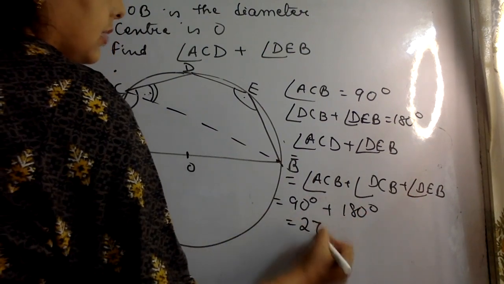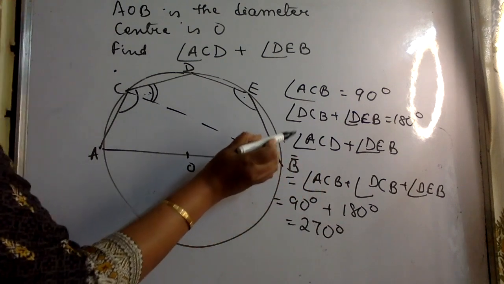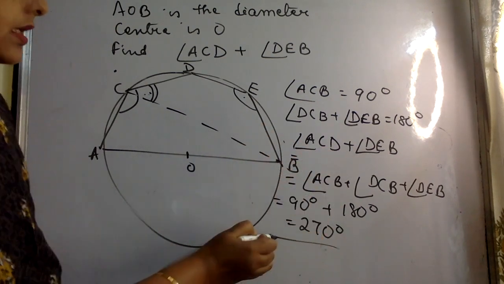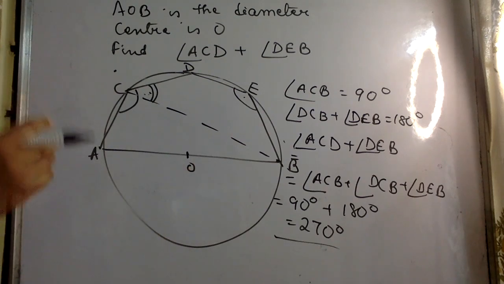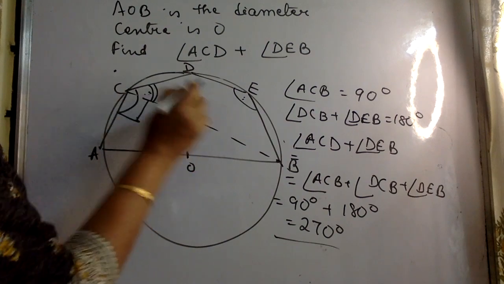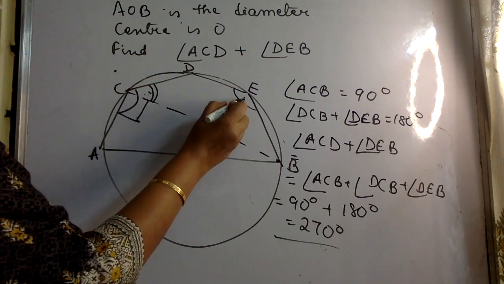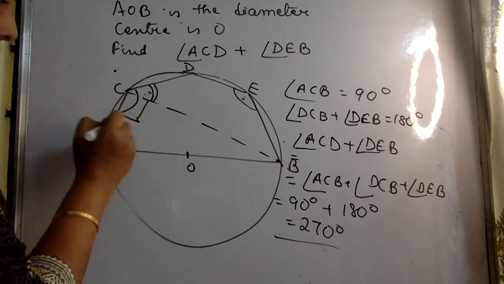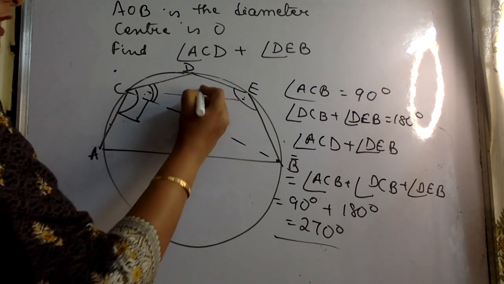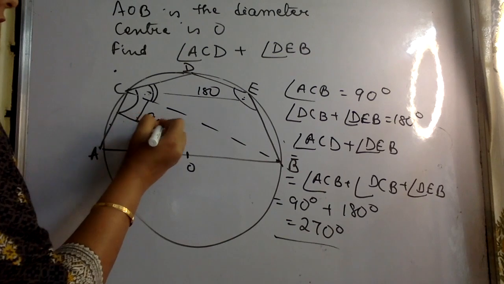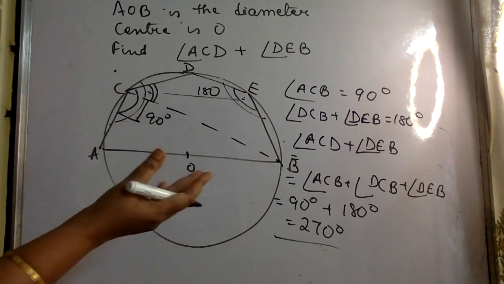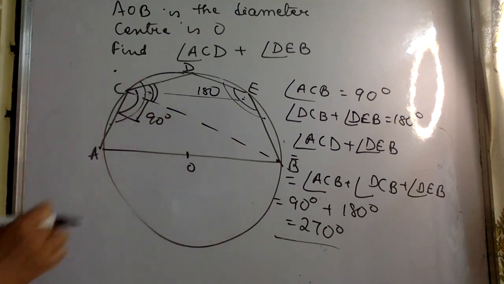So the total comes to 270, meaning angle ACD plus DEB sums up to 270. I'll repeat, this is 90, this plus this is 180. So we take this 180 and add the 90 to it, and we get the sum total of this and this. That gives us 270.